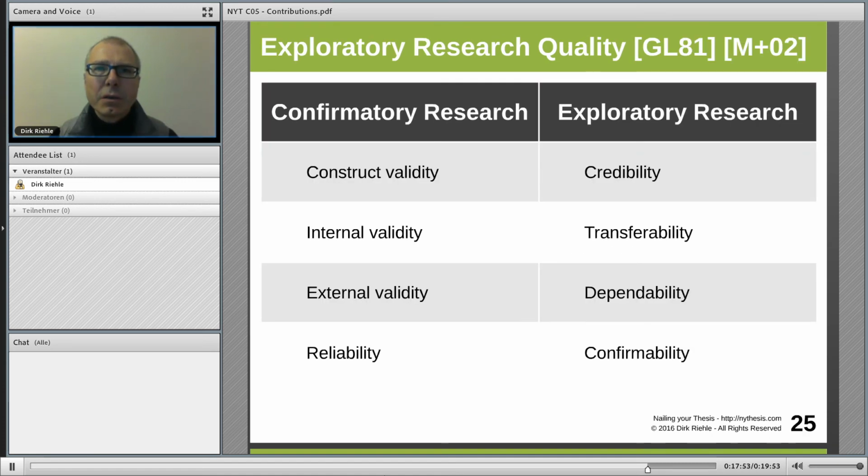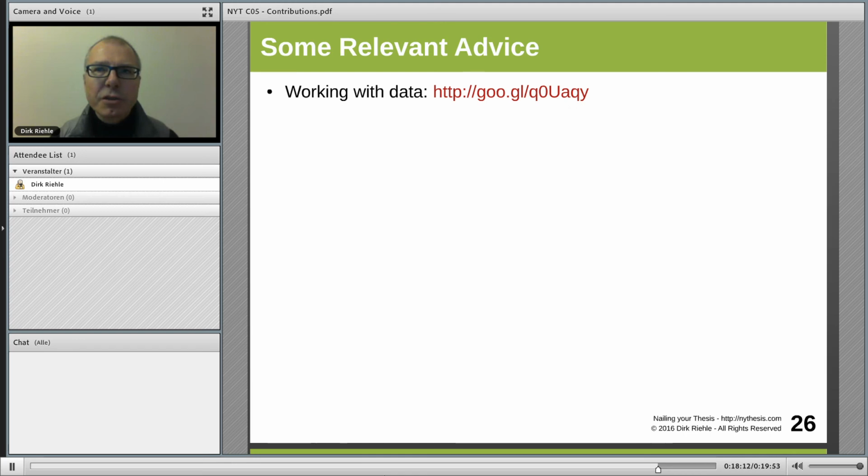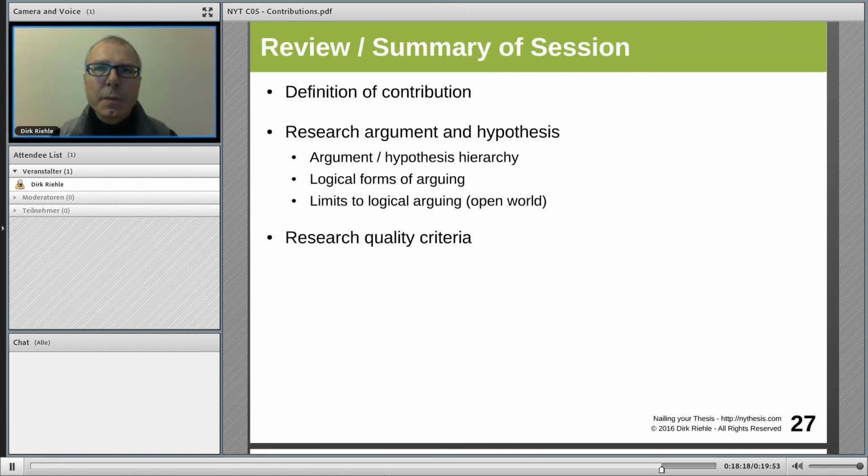In qualitative exploratory research, achieving these qualities is hard. Hence, there are some alternative models for evaluating the quality of exploratory research, but we will also go into those only in the respective lecture. So here's a link from the slides for working with data, and let me conclude with a short summary.